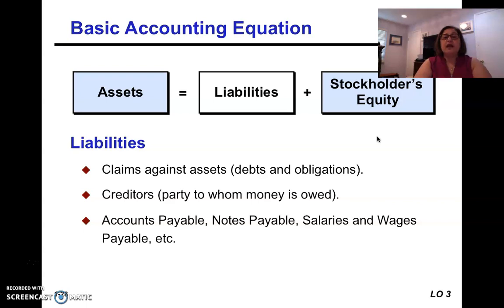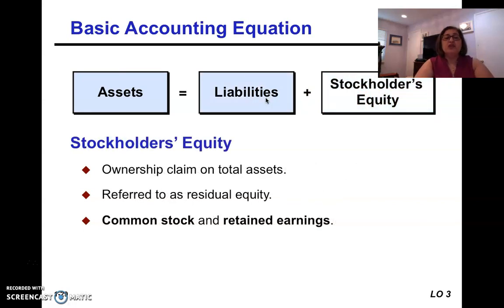So therefore the owners of the corporation are called stockholders or shareholders. Both mean the same thing. So stockholders' equity basically is the owner's claim on the assets of the company after all the liabilities have been paid off. So the assets that don't belong to the creditor belong to the owners.